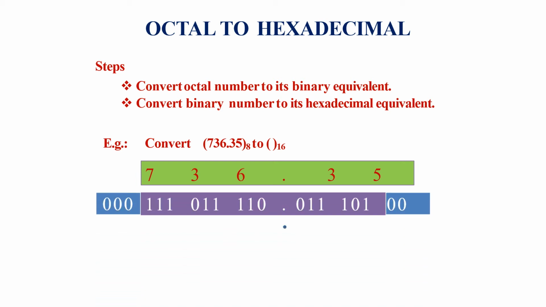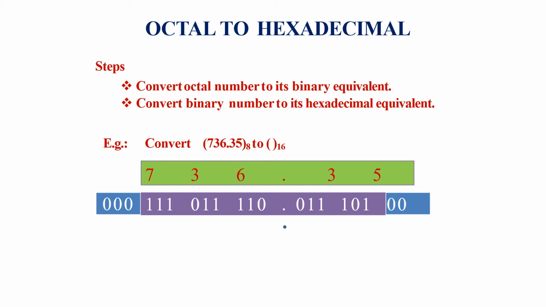Since it is octal to binary, we have to write the 3-bit equivalent. So 7 means 111, 3 means 011, 6 means 110. And in a similar way, 3 is equivalent to 011 and 5 is nothing but 101.